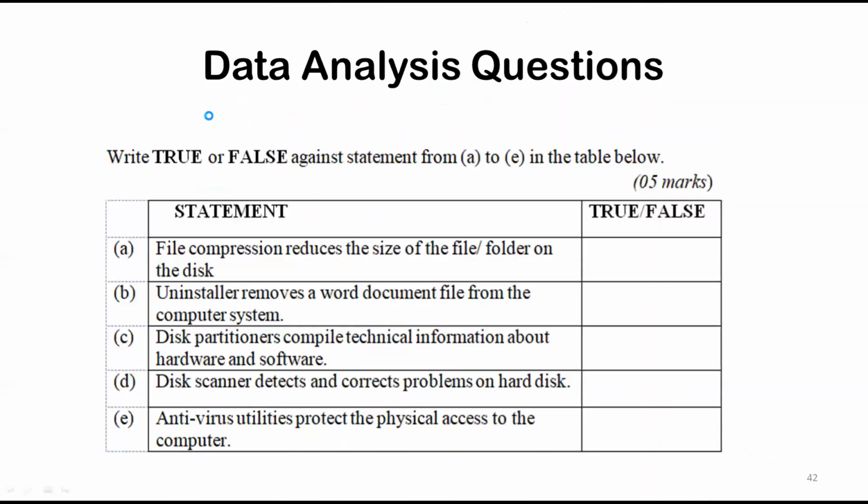You have been getting these questions. Write true or false, and you don't know where they belong. These ones are called analyze. Analyze the data given. Analysis must take only 10%. But you find a paper with 5 questions about analysis.